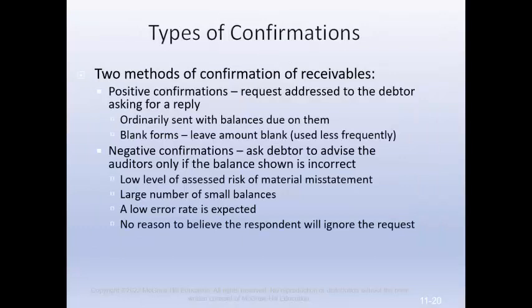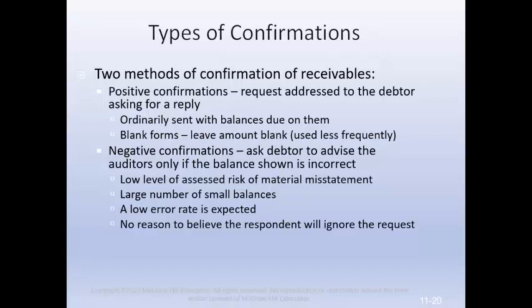There are two methods of confirming receivables by direct communication with the debtor. In each type of communication, the client makes the formal request for confirmation, although the auditors control the entire confirmation process. The use of positive confirmation requests consists of a request addressed to the debtor asking for a reply.